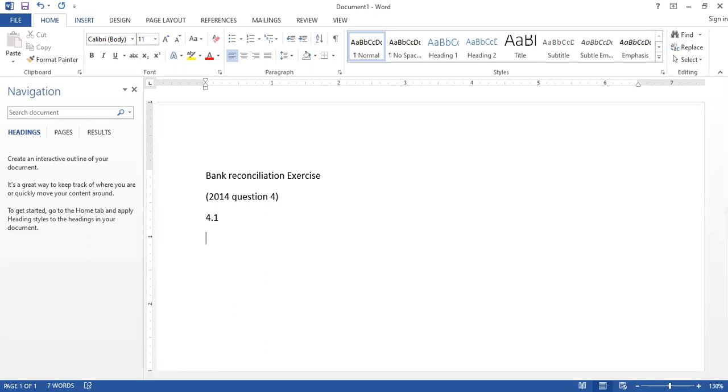The heading in this case is updated cash book of the name of the business, in this case J Rose, for the year ended 31 December 2013. We said every book or statement that you draw up in accounting should have a heading.